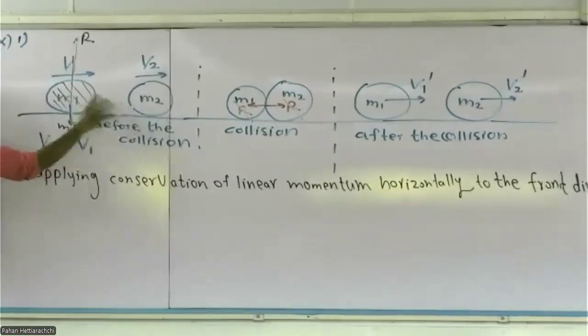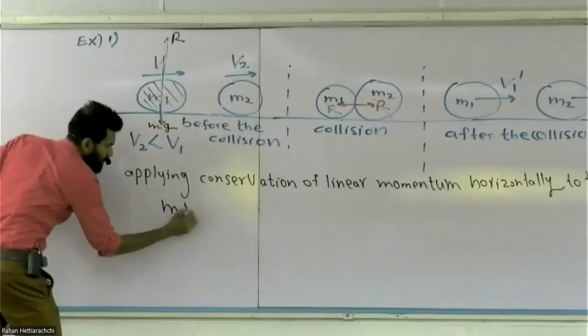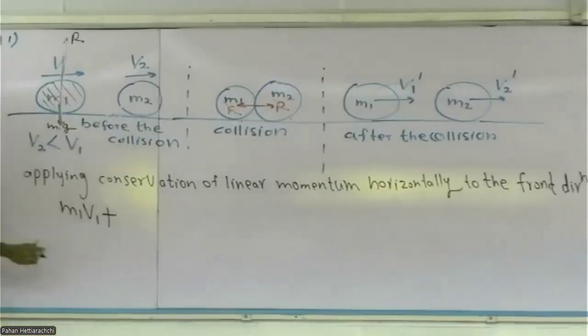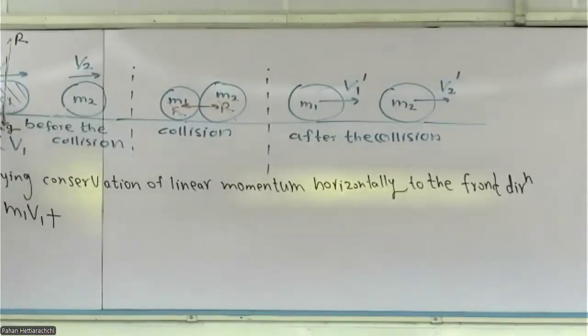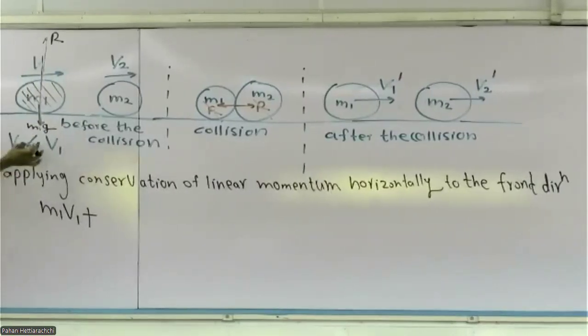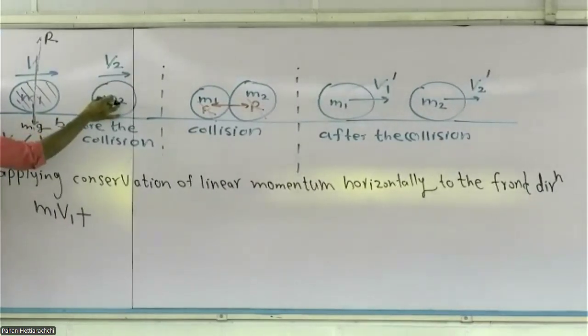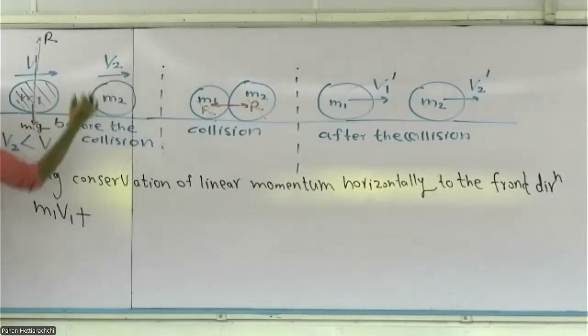Now, before the collision, I have m1 with the velocity v1. So m1 v1 is that momentum. And I have a momentum m2 v2, mass m2, velocity v2.